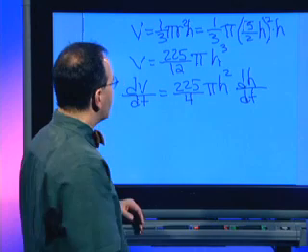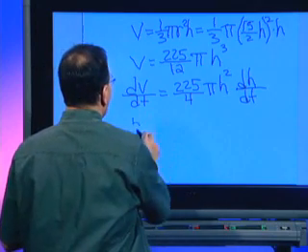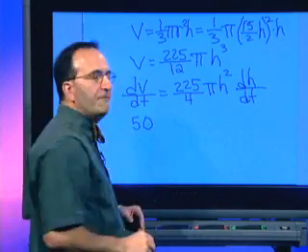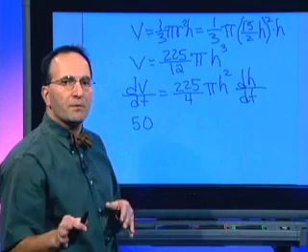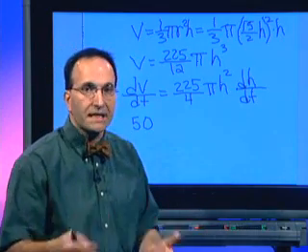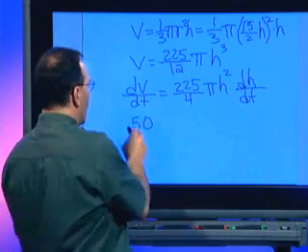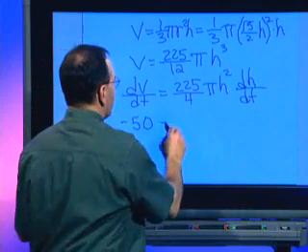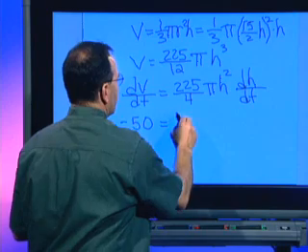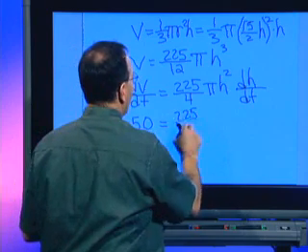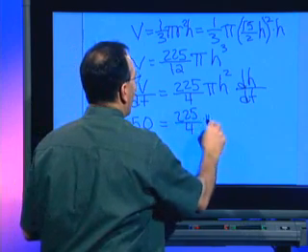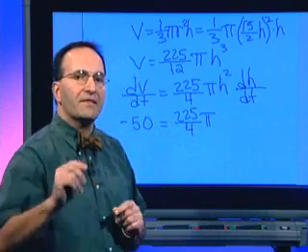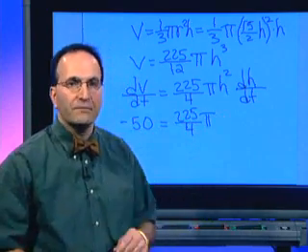Now we make some substitutions. We know that the volume is changing at 50 cubic meters per minute, and remember that it's leaking out, draining out, so that's minus 50. Then that's going to be equal still to our 225 over 4, our pi. And this time, remember that they said that the height was 5 meters.